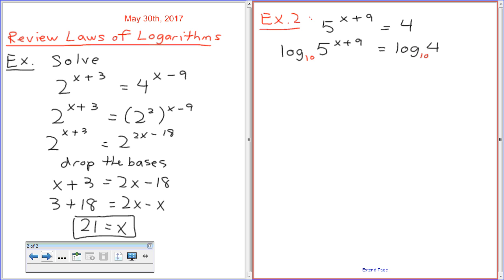You guys are thinking way too complicated on this. Yes. One of our rules is going to be this changes it to x plus 9 log base 5.